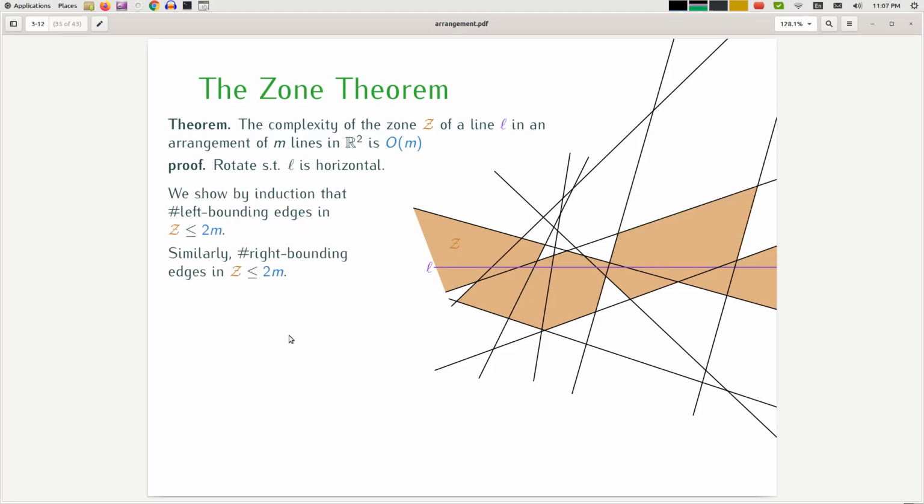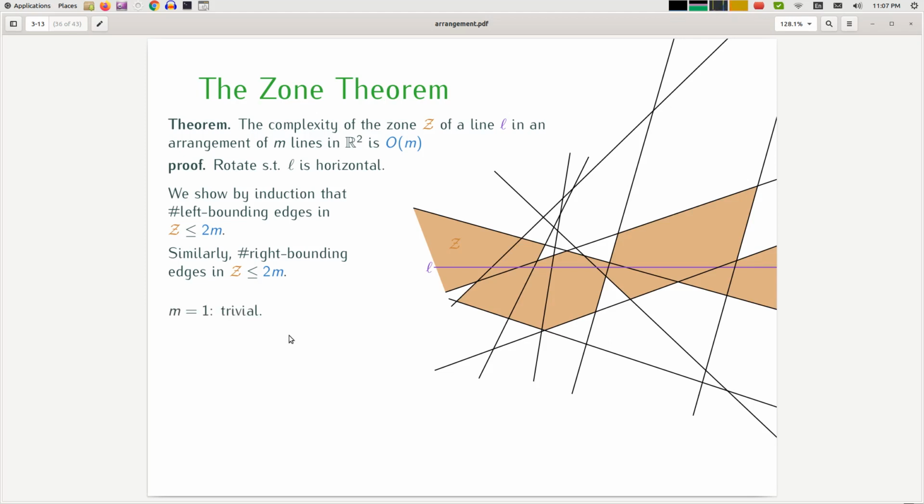And then I'm going to prove that the number of left bounding edges is at most 2 times m, and a similar argument gives me that the number of right bounding edges is at most 2 times m, and I just sum them up, so therefore I get a bound on the complexity of the zone. So let's just focus on the number of left bounding edges. To prove that, I'm going to use induction.